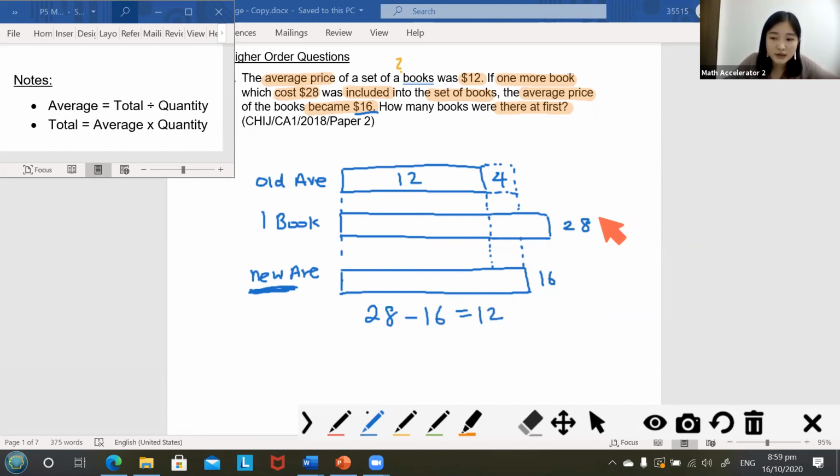This 28, it needs to remove 12 away from its price such that it will become the same as the new average here, 16. Okay, so it has 12 here to distribute out to the number of books here.